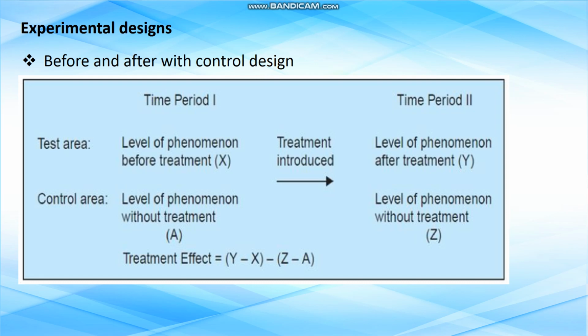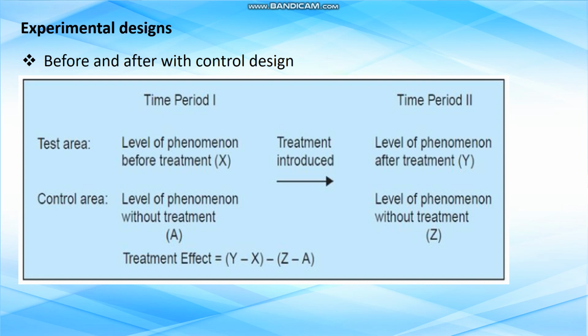So the effect of the treatment is determined by subtracting the change in the dependent variable in the control area from the change in the dependent variable in the test area. You can have a look in the picture.